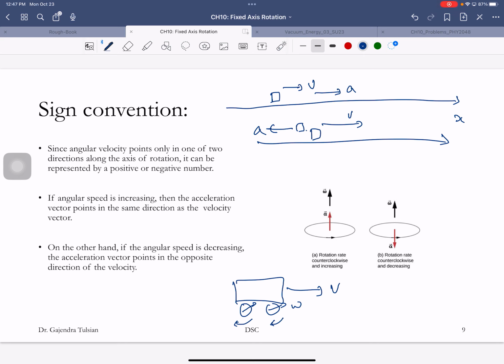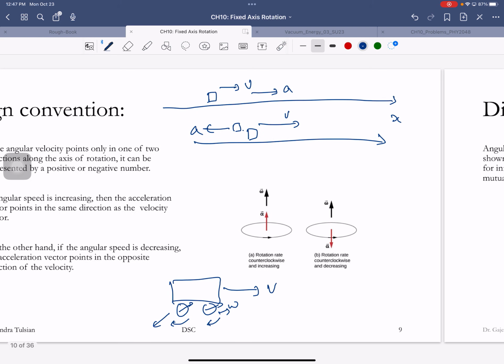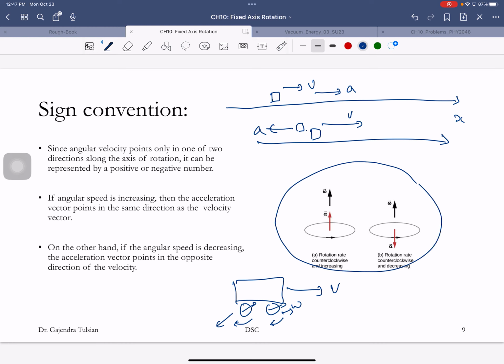And if you're accelerating, the acceleration is pointing in that direction. And if you're applying brakes, then the acceleration is pointing in that direction. Did you guys understand that? Okay. Question? Okay.